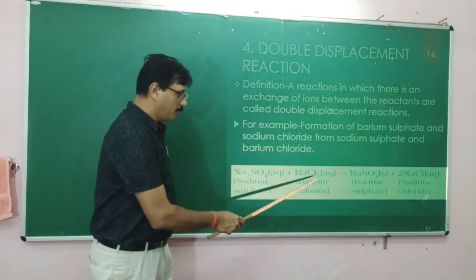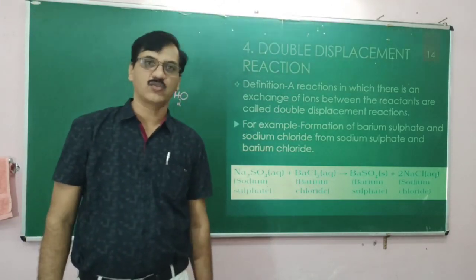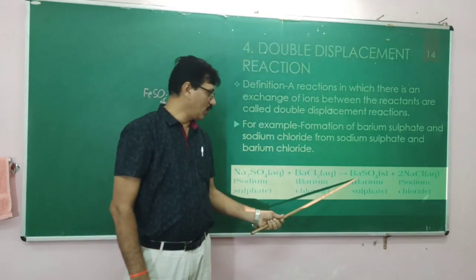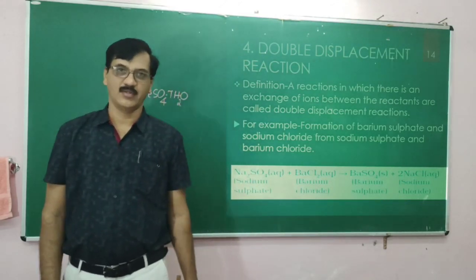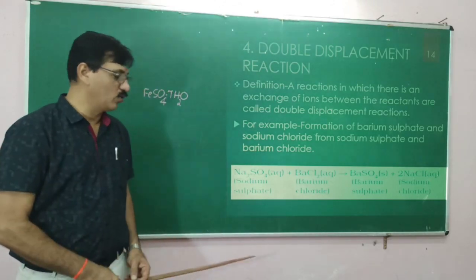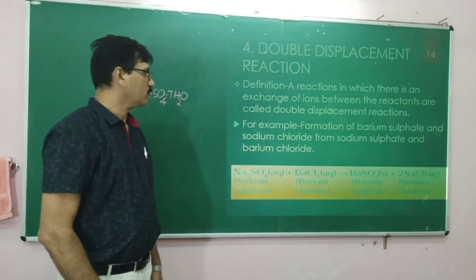And sodium ion goes with chloride ion, forming sodium chloride. Here barium sulfate is insoluble and sodium chloride is soluble. Therefore, you will get a precipitation reaction, which we have seen yesterday or in the previous class.